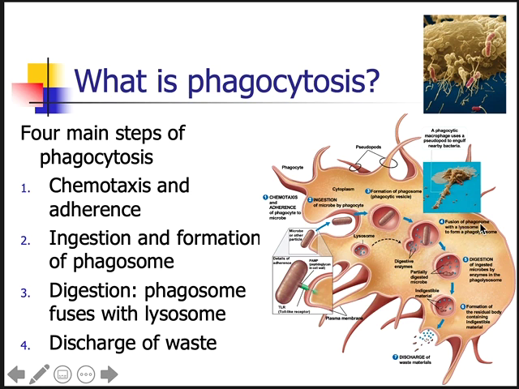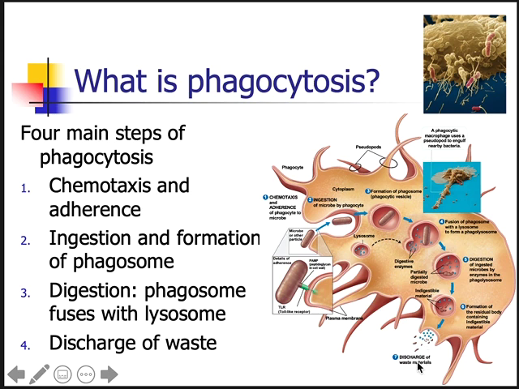So, fusion of the phagosome with the lysosome to form what we call the phagolysosome. Okay, and then digestion occurs because now you've released those enzymes into the compartment, right? You've made one big compartment. And so you digest this microbe, and then you just have all the waste from that digestion, and then you can release it.